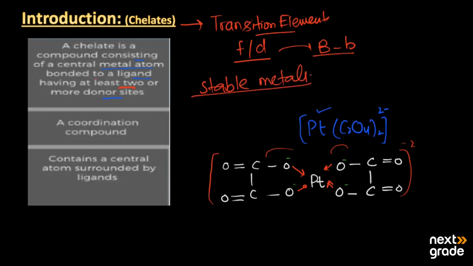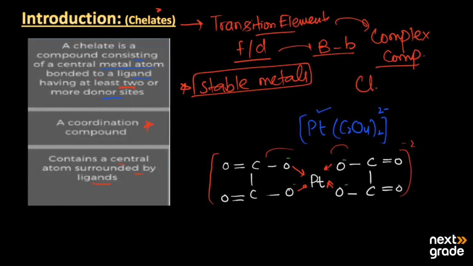This is an important point: the most stable atoms can make chelates. These compounds are also called coordination compounds, and they contain a central atom surrounded by ligands. This is the main property of the transition metals, and they make up the complex compounds, which in turn may form chelates.